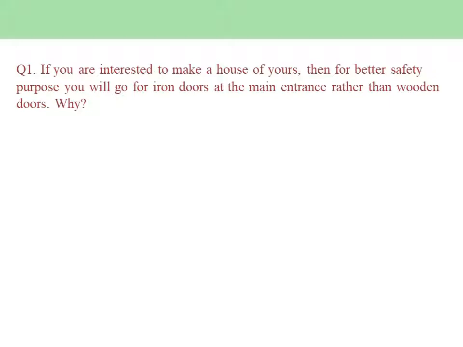Why? So let's discuss this point. Now, what is the primary difference? When the context of safety comes, and two substances are given, iron and wood, how can safety be related to iron and wood?